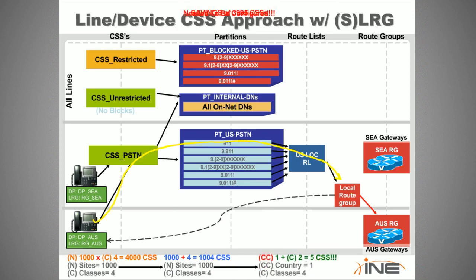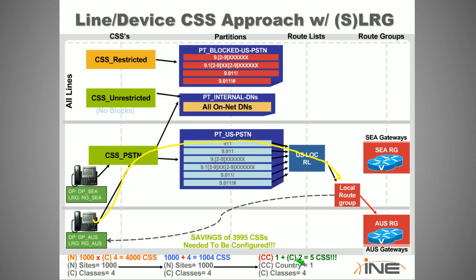With the local route group approach, it's no longer sites times classes, it's country or dialing plan plus classes. Okay, so we only have one country or one dialing plan plus classes of restriction, or actually I forgot I was using 4 as the example. This 2 still reflects here, so 1 plus 2 does not equal 5.